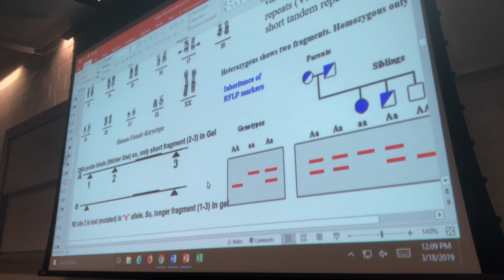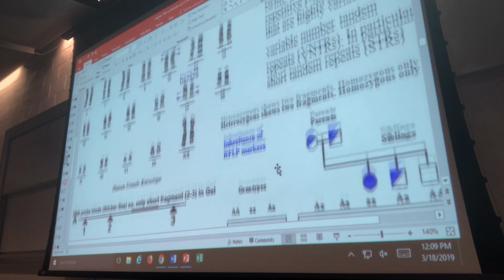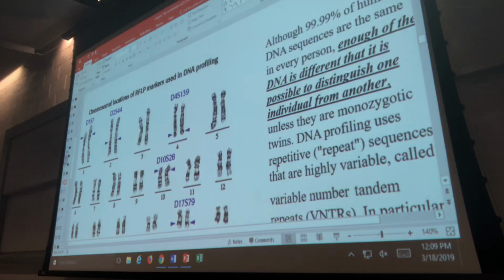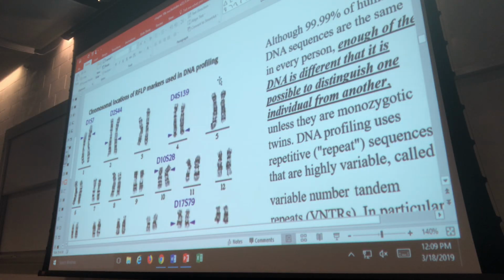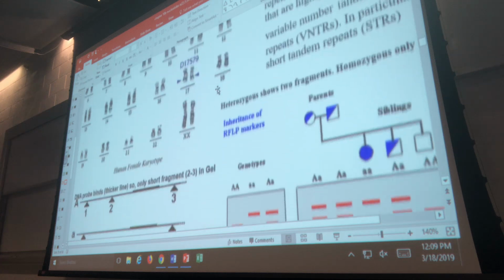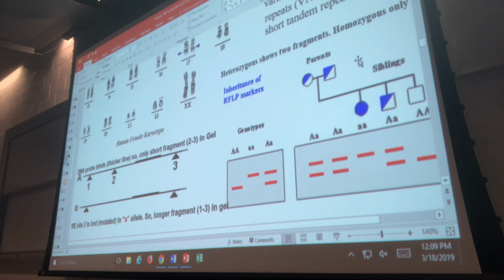So, where we last left off was something called restriction fragment length polymorphism, RFLP, which basically is the following trait. Each person has about 99.999 whatever percent shared DNA, yet we all have various different phenotypes from each other.